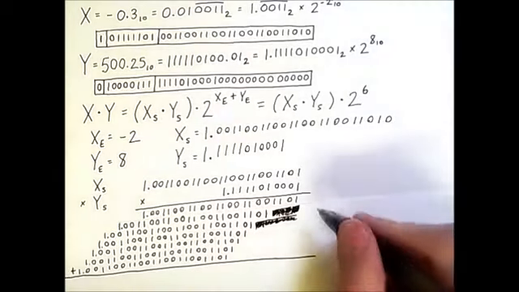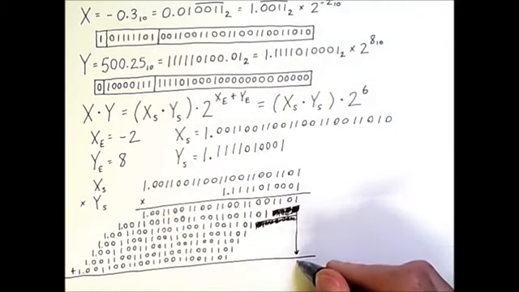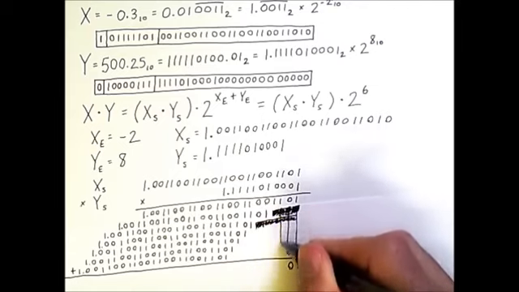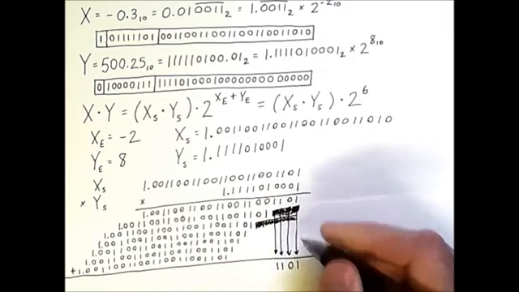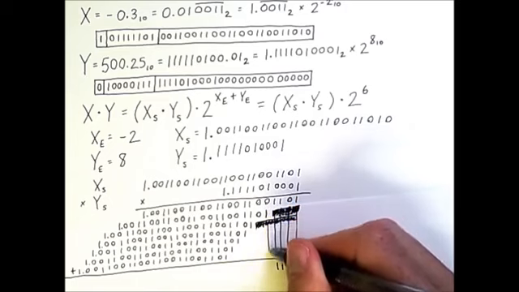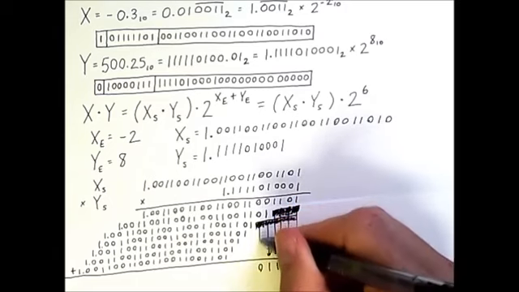Let's add up all of these values. So the first few columns are easy. You only have here 1, 0, and then 2 1s. And then here we start actually adding different numbers together. So we have a 1, 0.